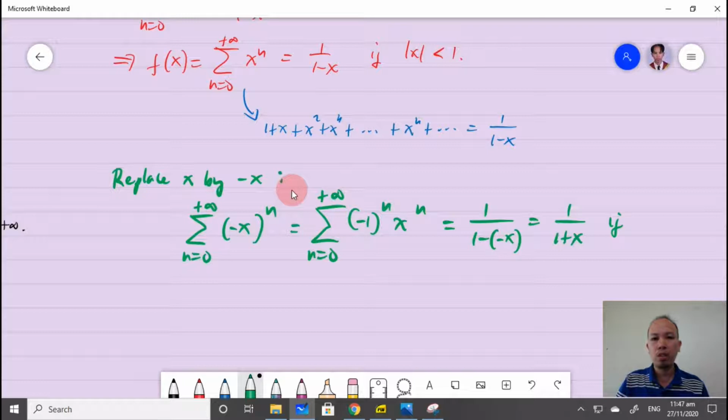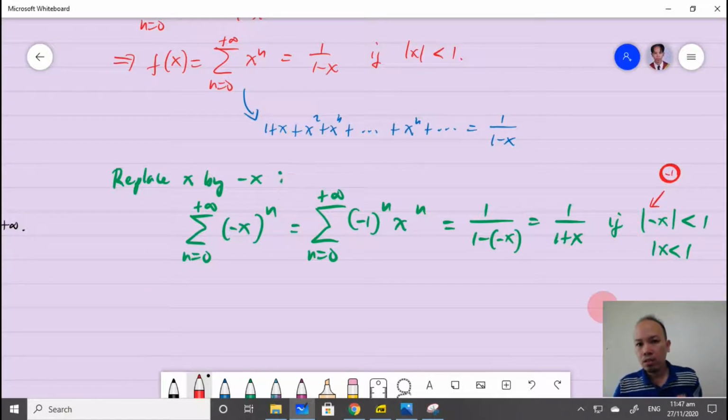Of course, if we again replace our x by negative x, we can simplify this in this form.